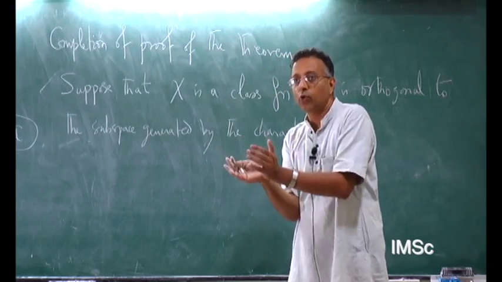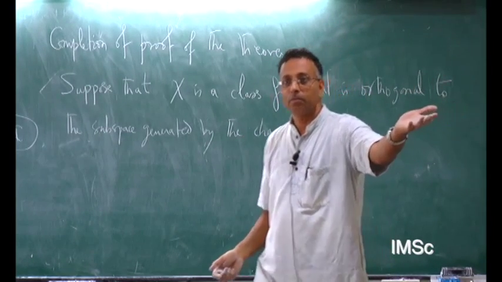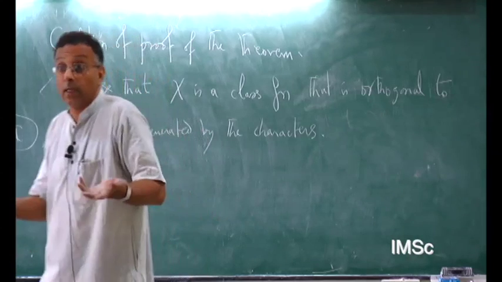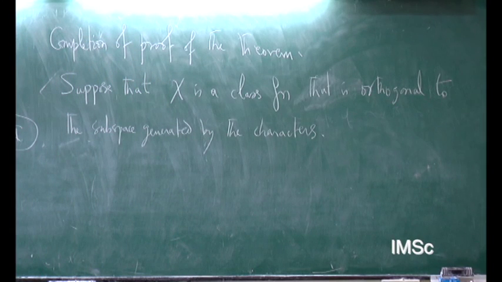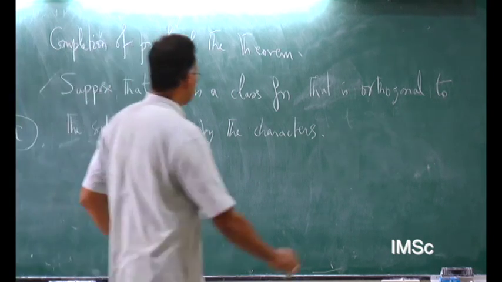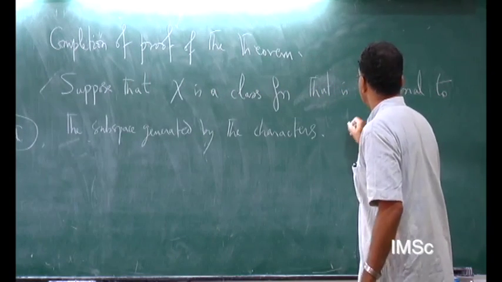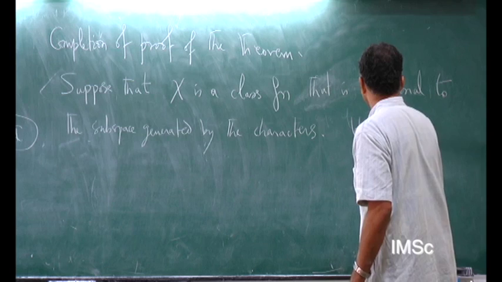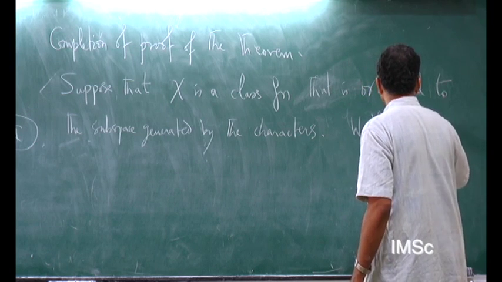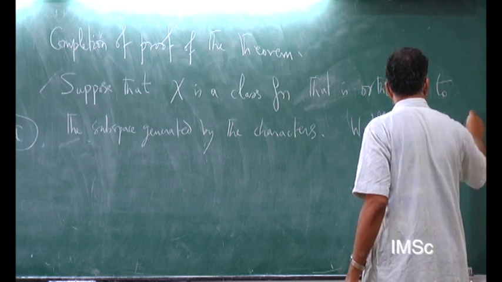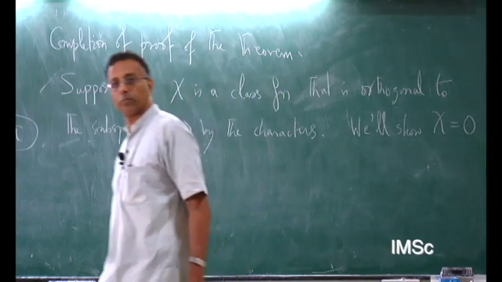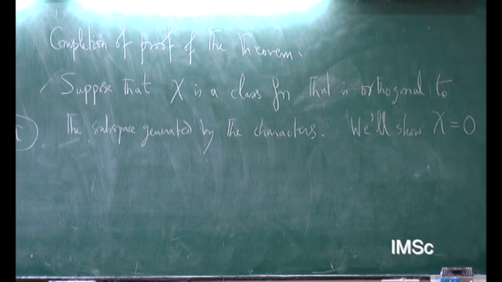If I have a subspace whose perp is 0, then it's a non-degenerate form. If its perp is 0, then that space must be the whole space. So it's enough to show, suppose chi is 0. This is good enough.